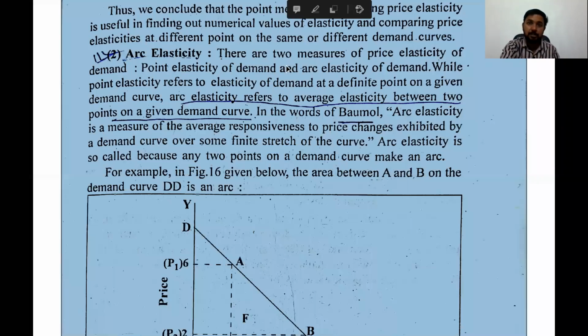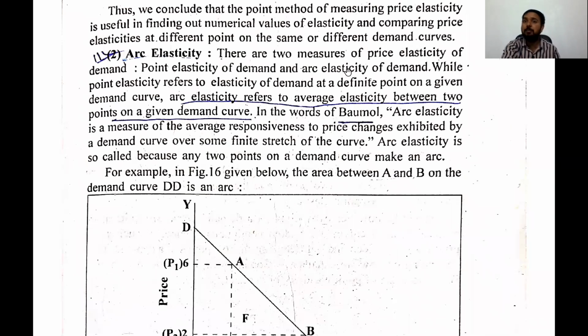What is arc elasticity? There are two measures of price elasticity of demand: point elasticity of demand and arc elasticity of demand. While point elasticity refers to elasticity of demand at a defined point on a given demand curve, arc elasticity refers to average elasticity between two points on a given demand curve.